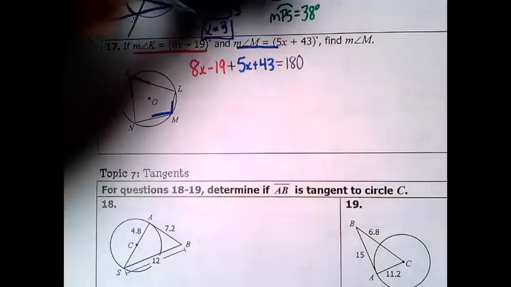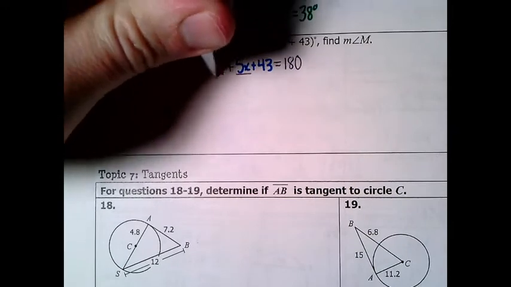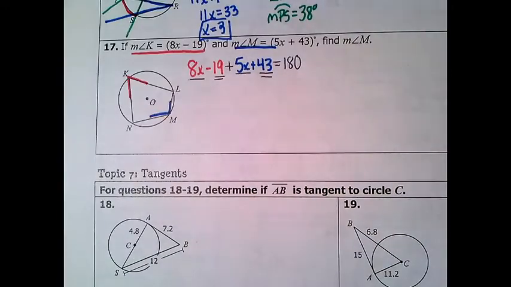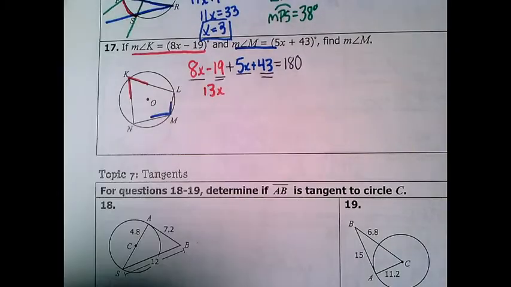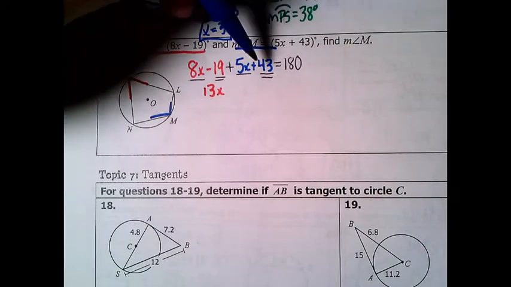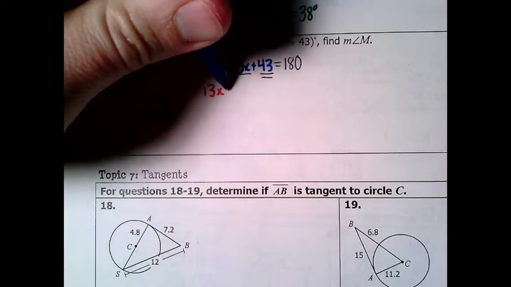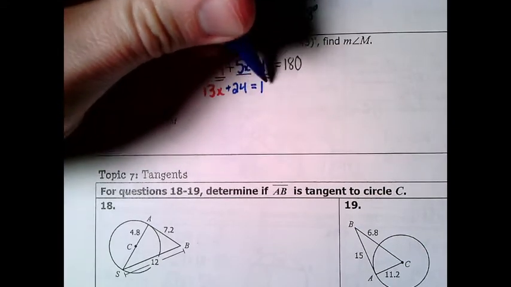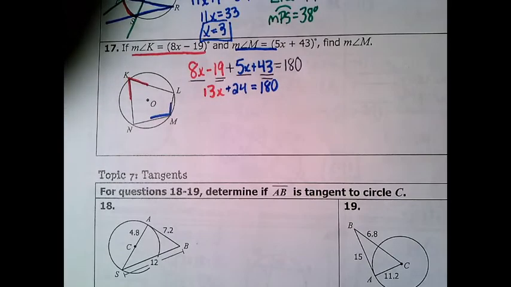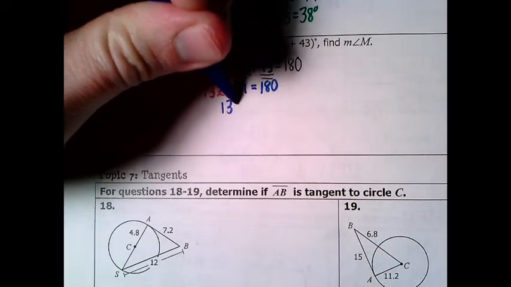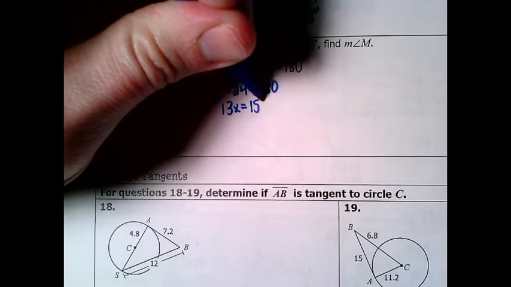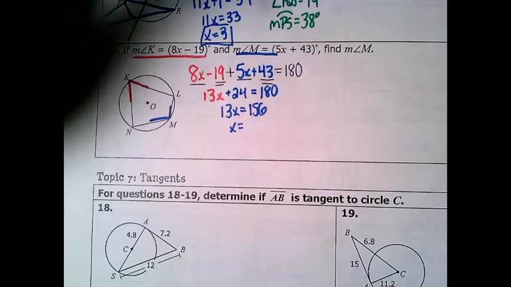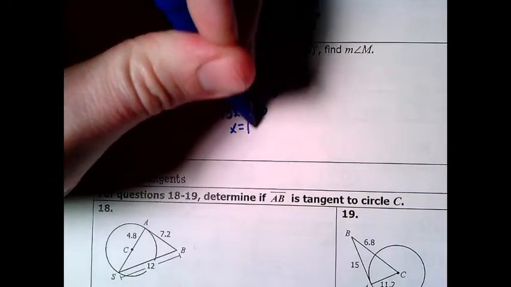So let's combine our like terms. 8x plus 5x, 13x. 43 minus 19 is 24. And that equals 180. So I'm going to subtract 24 to both sides. And that gives me 156. Divide by 13. And x is 12.